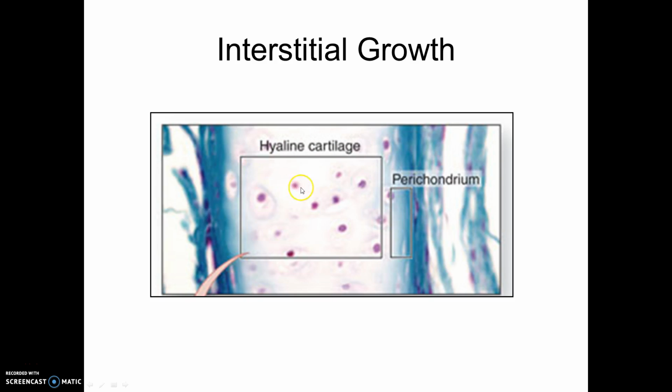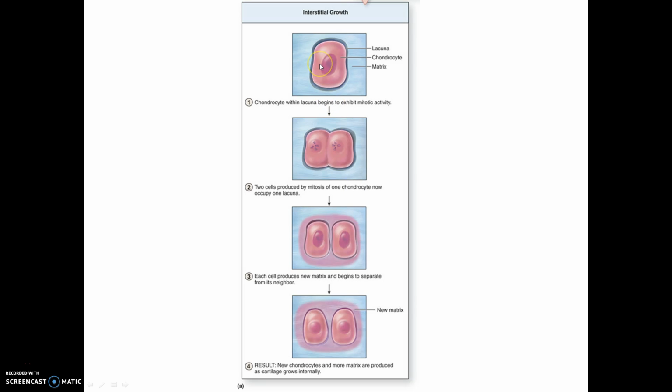So for interstitial growth, we're looking at these chondrocytes in the center of the hyaline cartilage, focusing on these different steps here that are highlighted, starting with a chondrocyte. Here's the chondrocyte, the outside lacuna is shown, and then the blue area is the matrix, the extracellular matrix. So it becomes mitotically active.